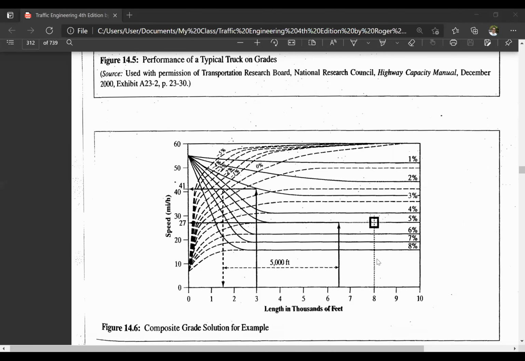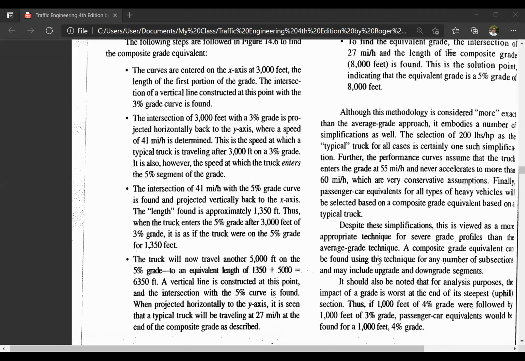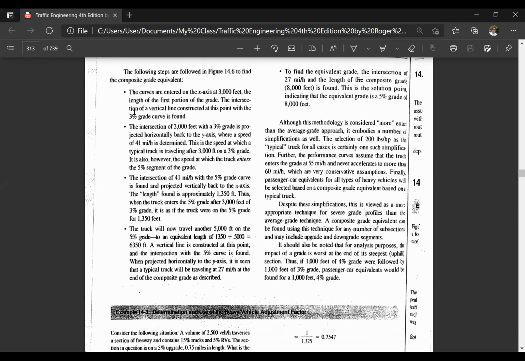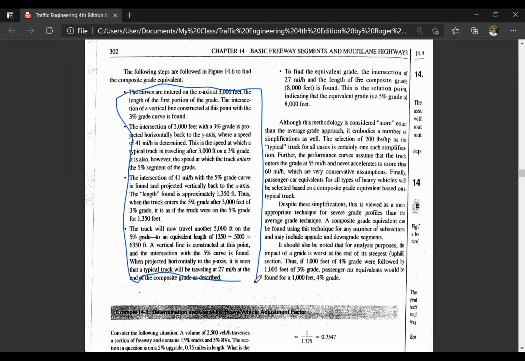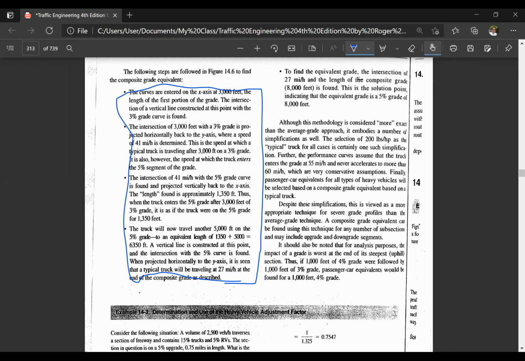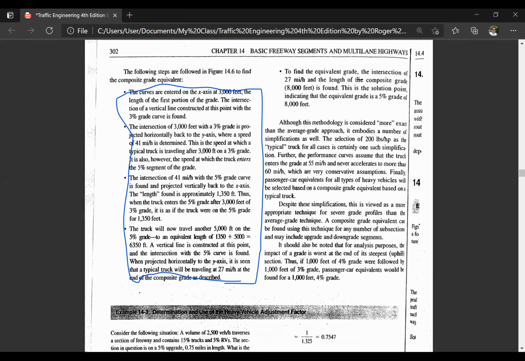Okay. Yeah, this part is used to describe this part.